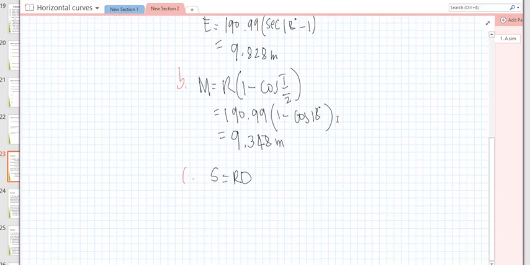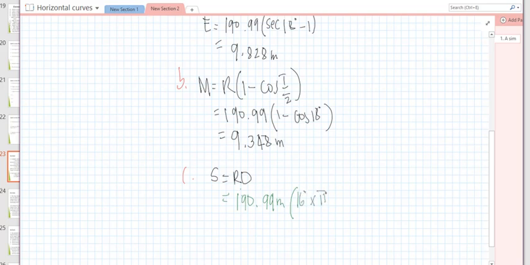Okay, so that is equal to, we have the radius of 190.99 meters times 16 degrees.